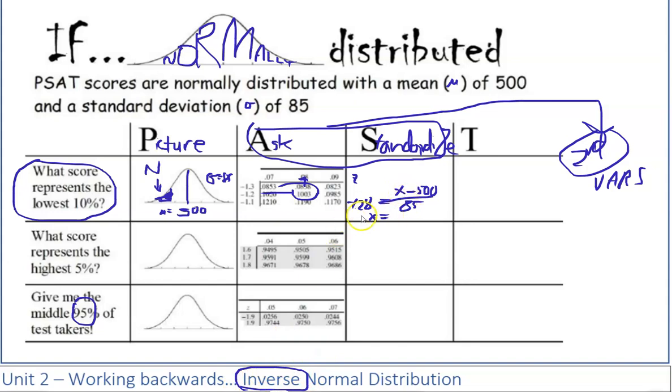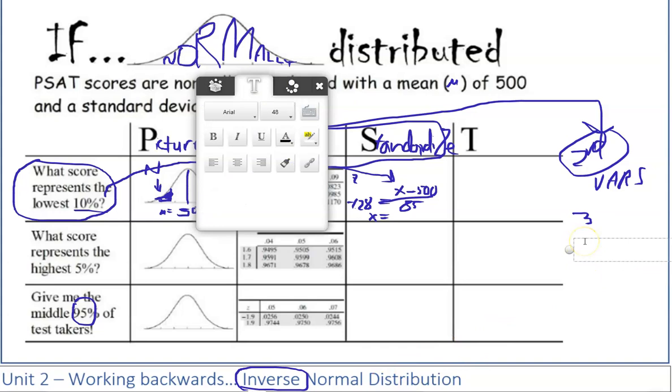And that's what you're seeing here, is that we're working backwards from a percentage to back our way into a score. All right, so when you do that, we're going to go to number 3, and number 3 is the inverse norm command.